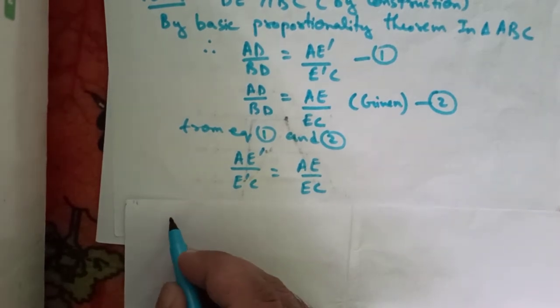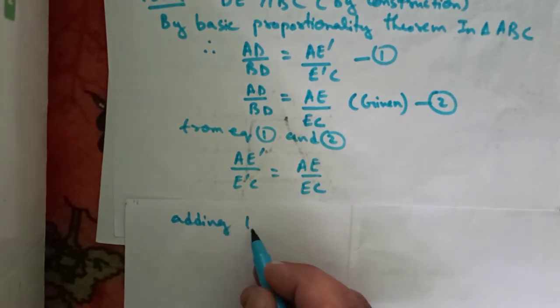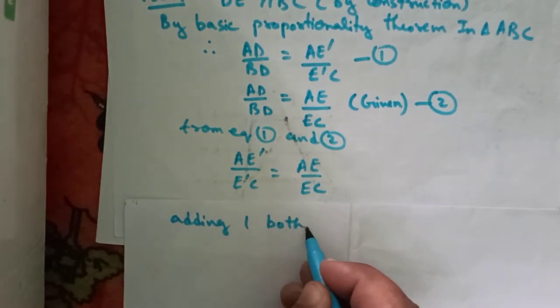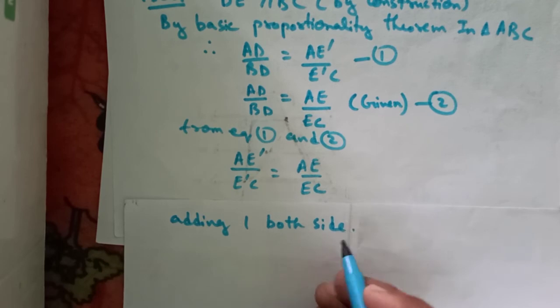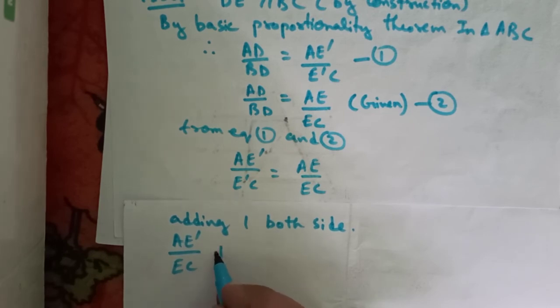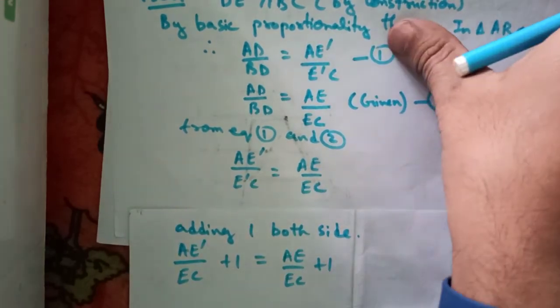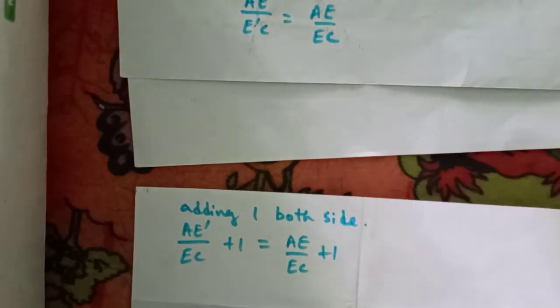So adding 1 both sides, what we get? We get AE dash upon E dash C plus 1 equals AE upon EC plus 1. And when we add it, what will we get?